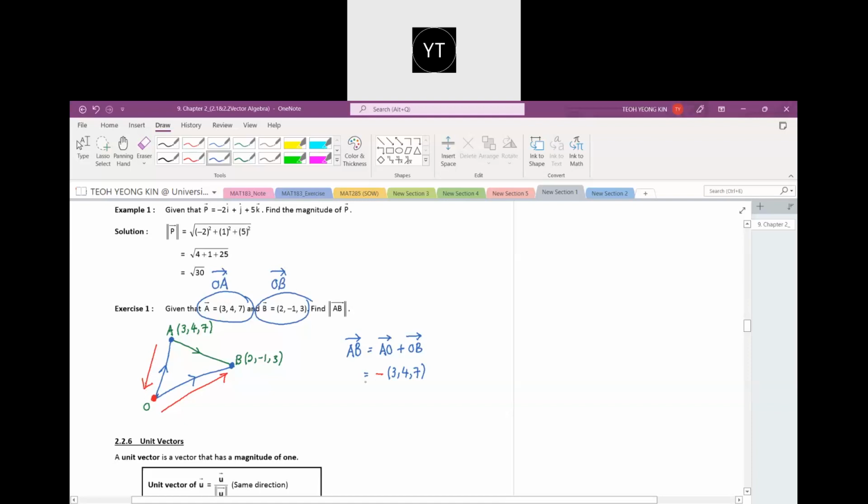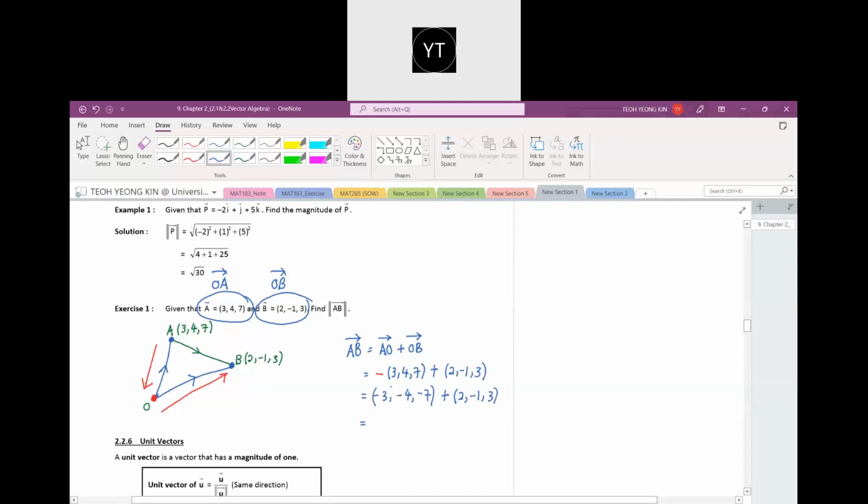So, therefore, we need to put a negative. Plus OB. OB tak payah ubah lah sebab kita ikut arah dia. So, this is 2, negative 1 and 3. So, from here, I should have negative 3, negative 4 and negative 7, plus 2, negative 1 and 3.